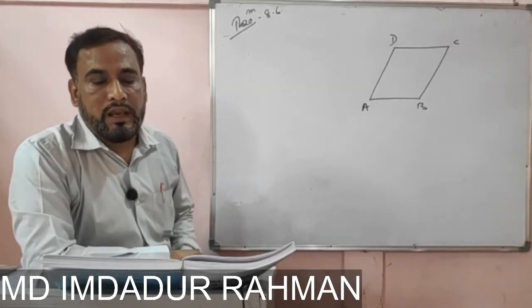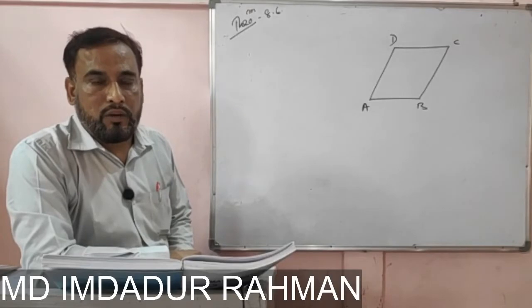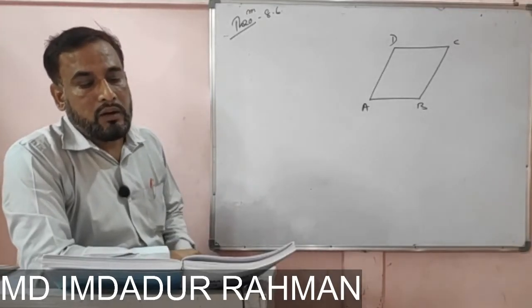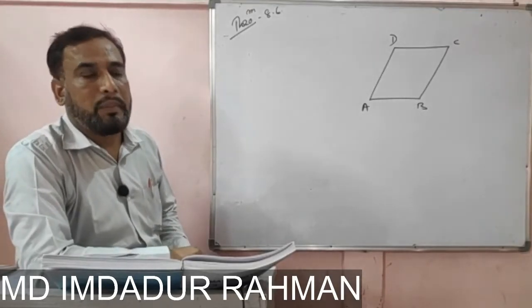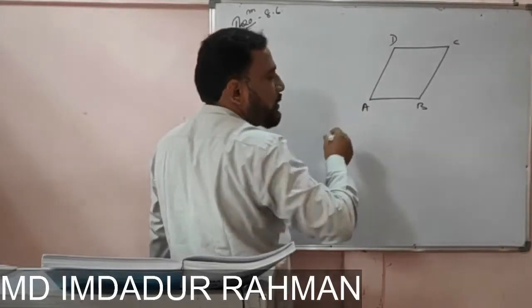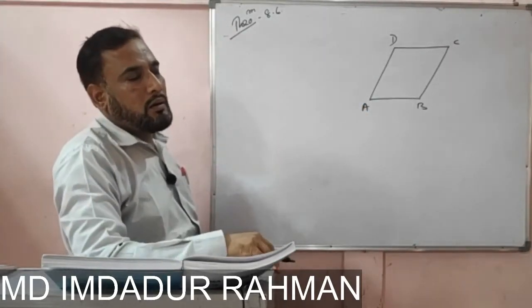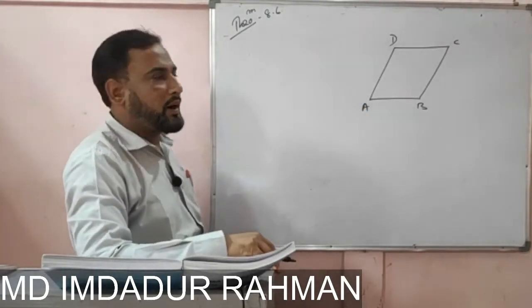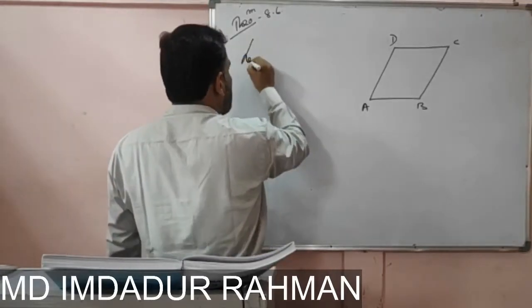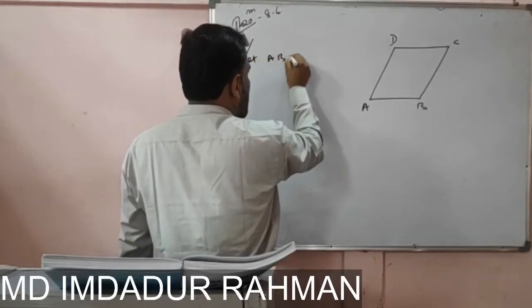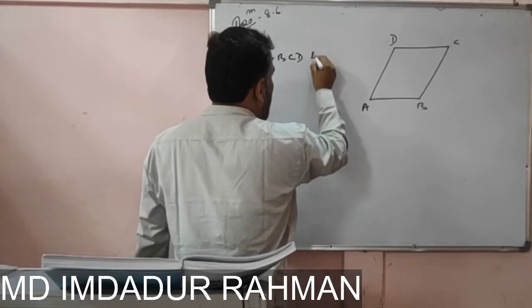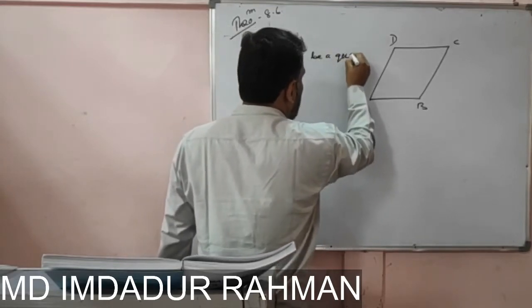That is, OA is equal to OC and OB is equal to OD, and we have to prove that it is a parallelogram. We will use the alternate angle property. So let ABCD be a quadrilateral.